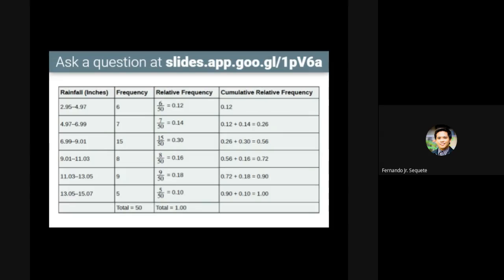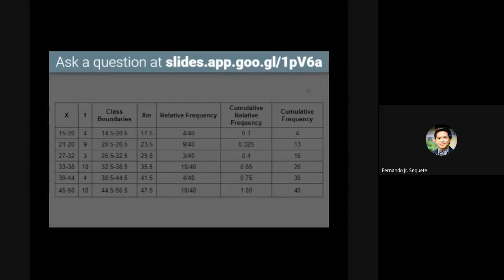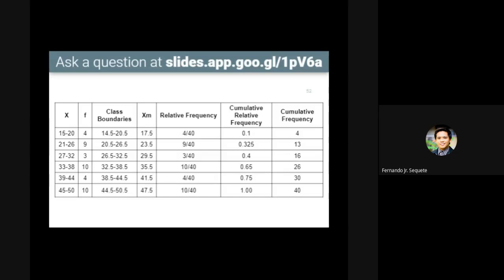Gusto ko lang ipakita sa inyo that that is really possible, no? That we have to get the other term. We have the term relative frequency, and then we also have the term cumulative relative frequency. Okay. Anyway, next, this one.